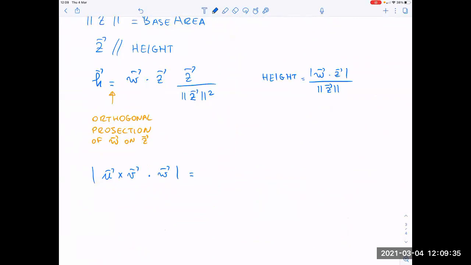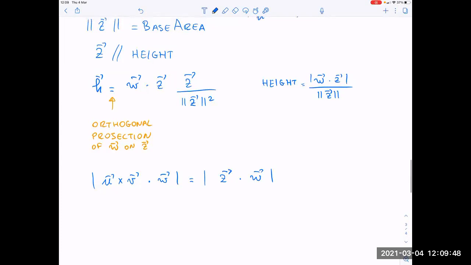This is, we said, vector z multiplied by w, right? So this is what we want here. Vector z multiplied by w. Dot product, sorry, and then we break the absolute value.